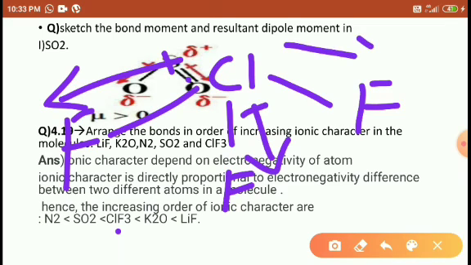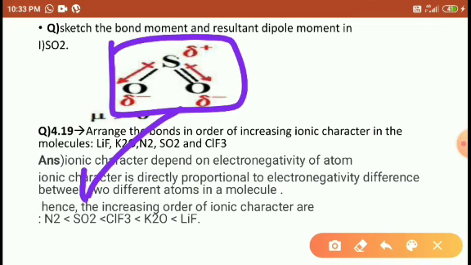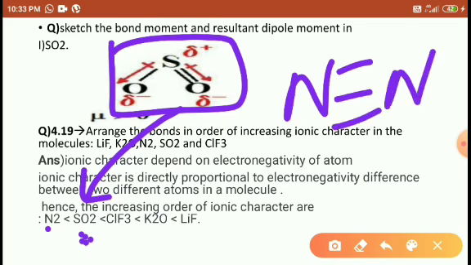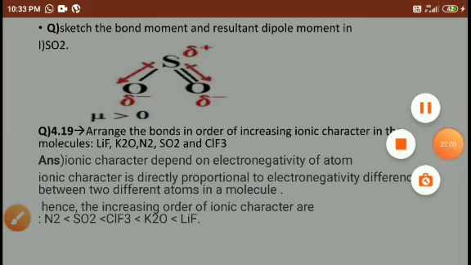Both are non-metals here, so we take it as third. Sulfur dioxide: between sulfur and oxygen, resonance structures are attained, so they show less ionic character. Nitrogen is a non-polar compound, so the dipole moment is 0. Right, students? Understood? Thank you so much.